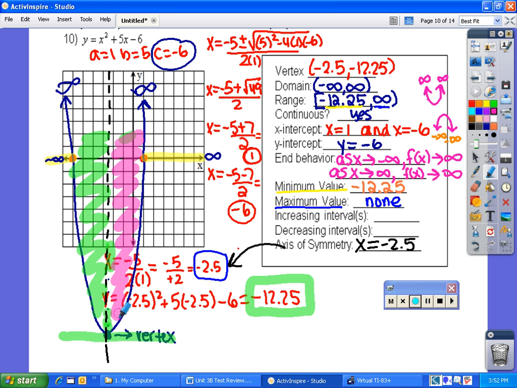So on the left-hand side, it looks like if I follow along from the axis of symmetry on, and I'm going to the left, it's going towards negative infinity.